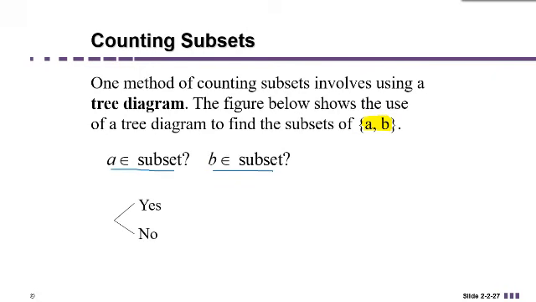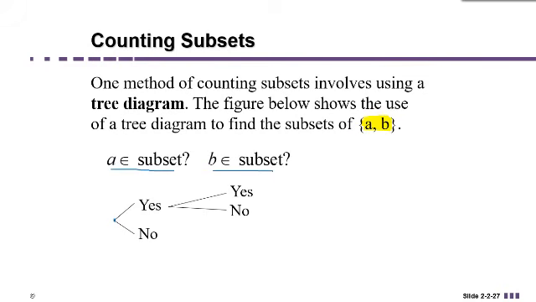So you start by making a little dot and you make two branches under the column of A is an element of the subset. Yes is one possibility, no is another. Now, regardless of whether A is in our subset, B can either be in it or not be in it. So we're going to draw branches coming out from yes, and we're going to say, okay, let's suppose A is in our subset.